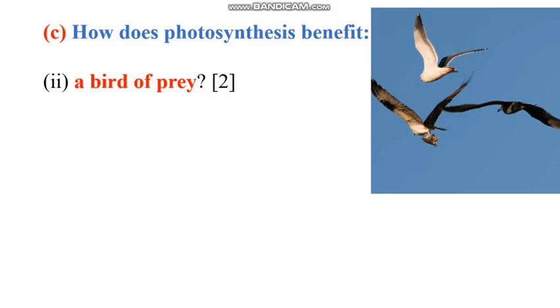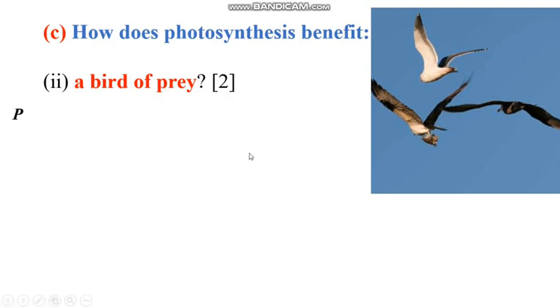Then the herbivores, like the rabbits, the deer, and the insects, are going to consume the plants. After consuming the plants, they obtain energy from the glucose they contain. Then the bird of prey, being carnivorous, is going to hunt and consume the herbivores. That is how photosynthesis benefits a bird of prey indirectly.